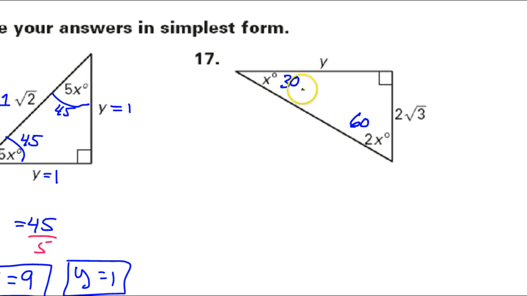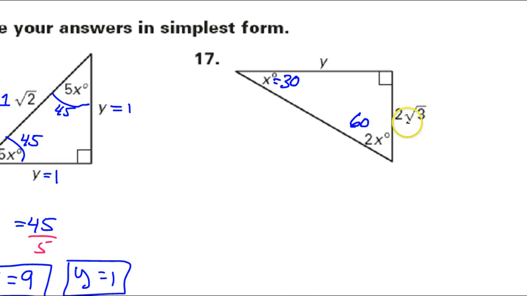So this angle has to be double this one, and yet they all have to add up to 180 degrees. The only way for both of those things to be true is if we in fact do have a 30 degree angle, a 60 degree angle, and a 90 degree angle. So x is 30, alright, so we're halfway there.